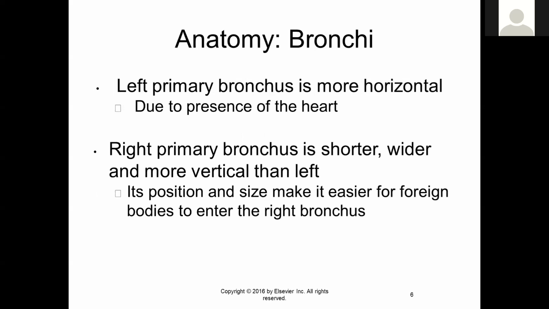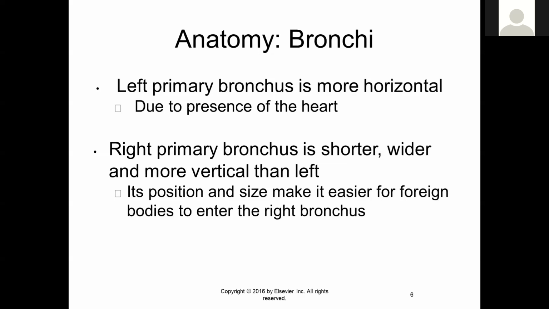The left primary bronchus, also known as the left main stem bronchus, is more horizontal. This is because the heart is there. So it's going to sit at a more horizontal angle because of the heart. The right primary bronchus is shorter and wider and more vertical than the left primary bronchus. Its position and size make it easier for foreign bodies to enter the right bronchus.